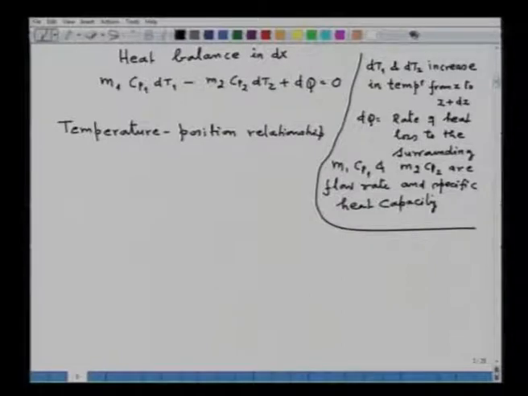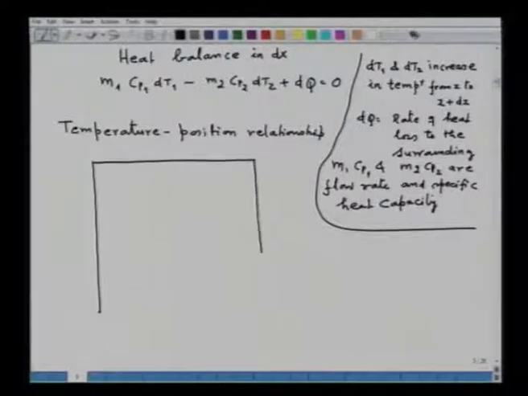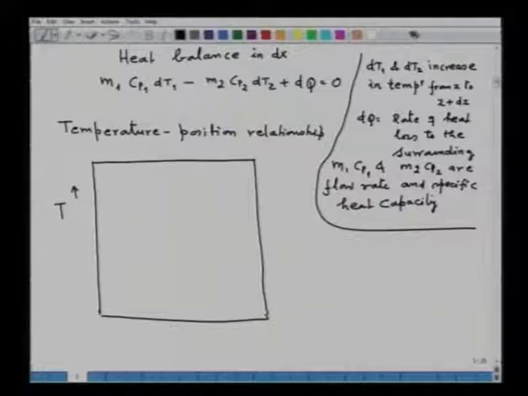Now, we can see that one situation that can occur can be represented by this particular figure. So, this is the temperature and here is the distance.